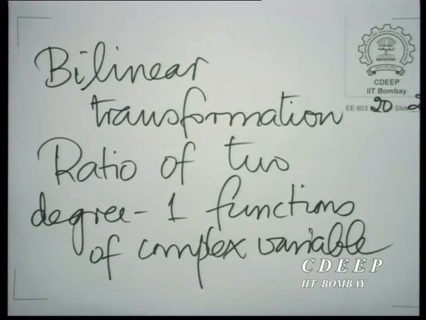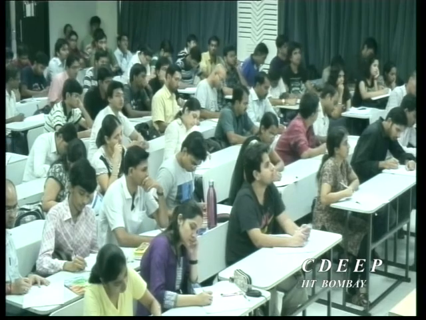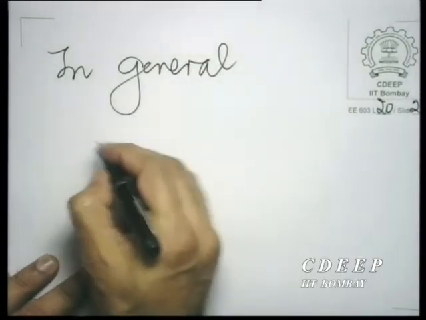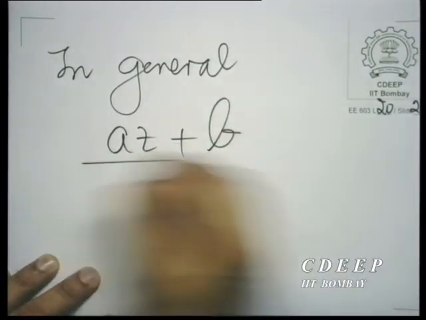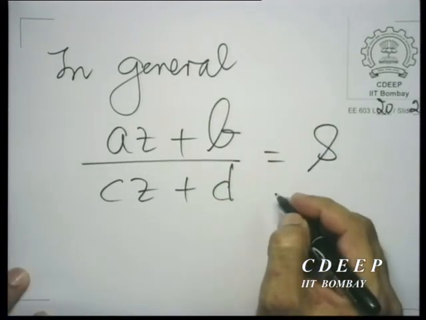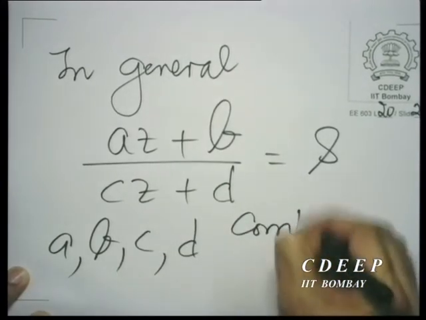The set of bilinear transformations has been studied in depth in complex analysis. In general, a bilinear transformation looks like this: (Az plus B) by (Cz plus D) equal to S is the general bilinear transformation, where A, B, C, D are complex constants in general.